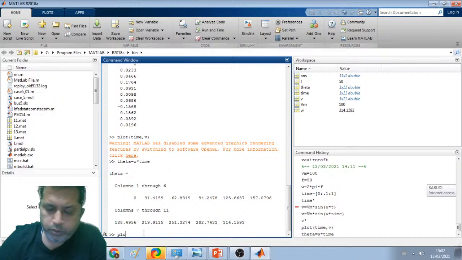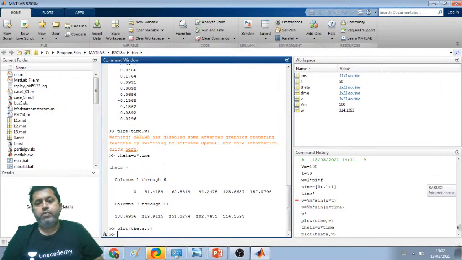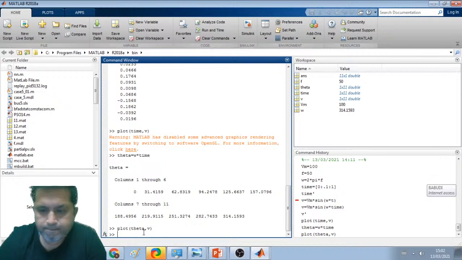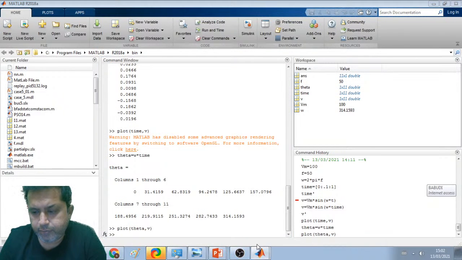Now I will plot, x axis is theta, y axis is v. Let us see the figure.